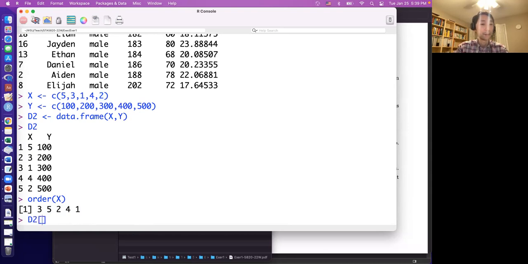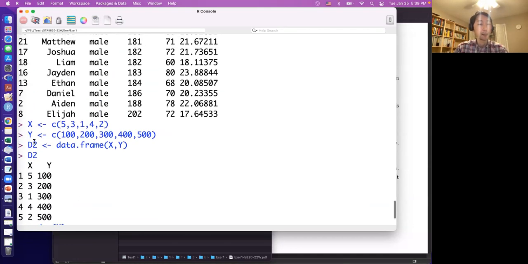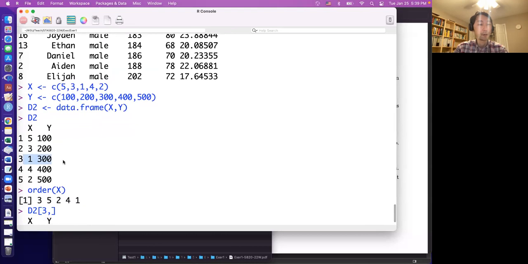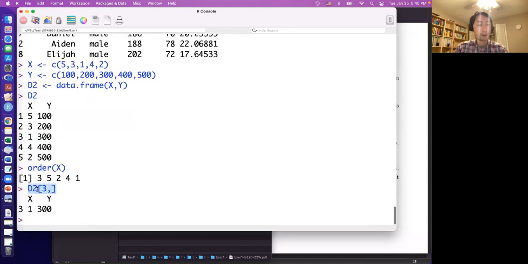So for example, D2 row 3 is 1 and 300, right? So the third line is the 1 and 300. So we want to put this as the first row. So if we do this way, then this line comes first.